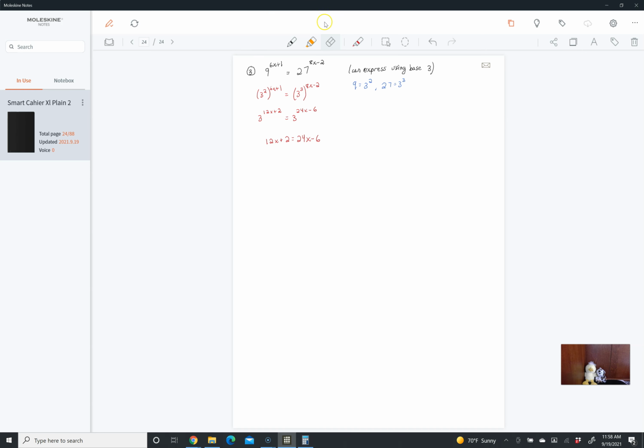And now it's just a matter of solving our linear equation. So you can subtract 12x from both sides and add 6 to both sides. That will give us 8 is equal to 12x.